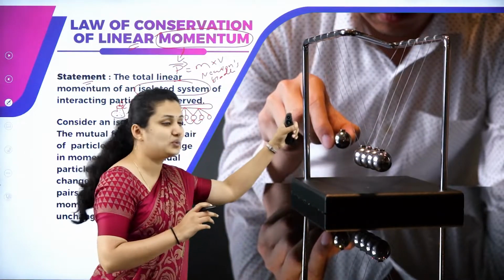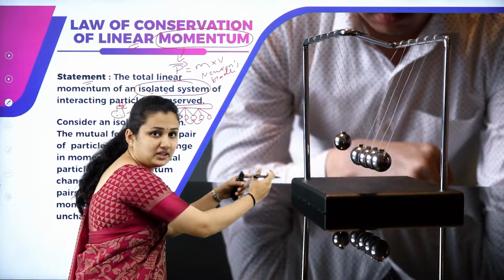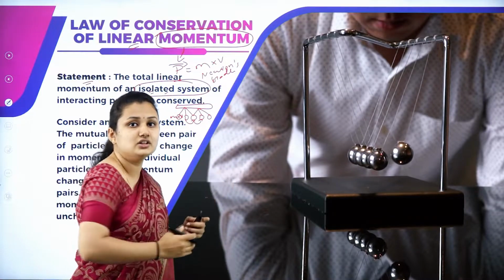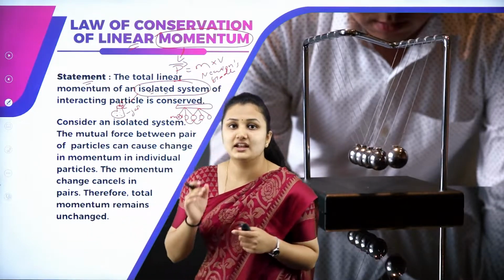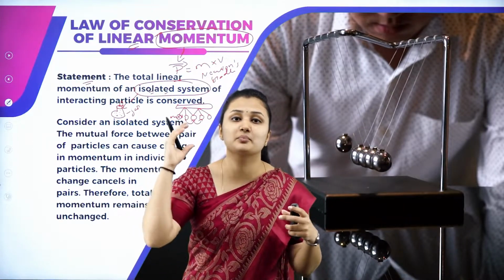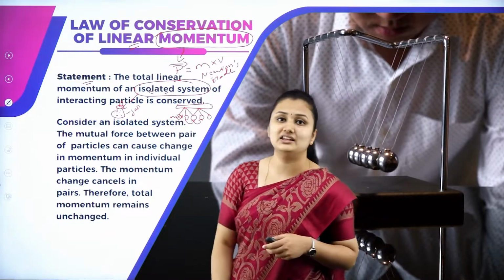When the fifth ball swings in the air, again it will hit the fourth ball and transfer its momentum. The fourth ball will hit the third ball. The reverse chain reaction you can observe. So Newton's Cradle is an example which explains the principle of conservation of linear momentum.